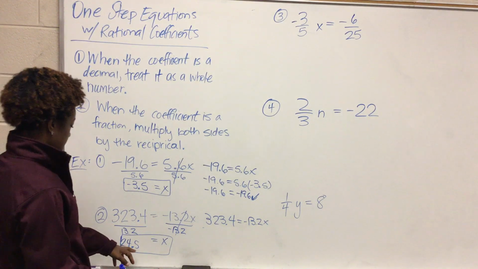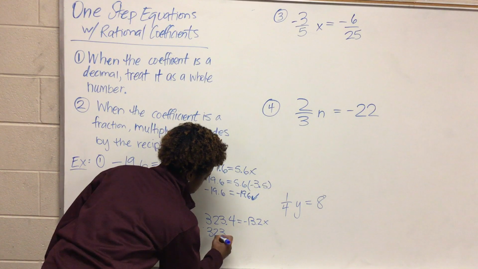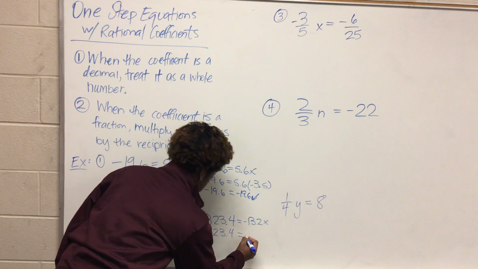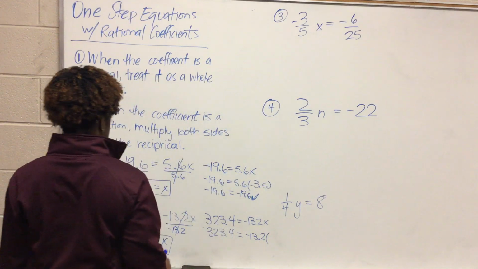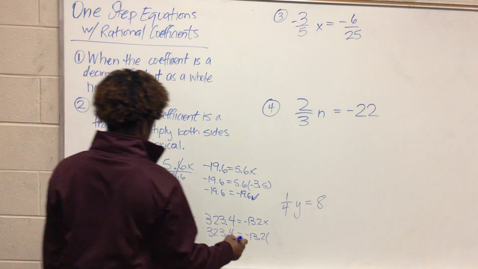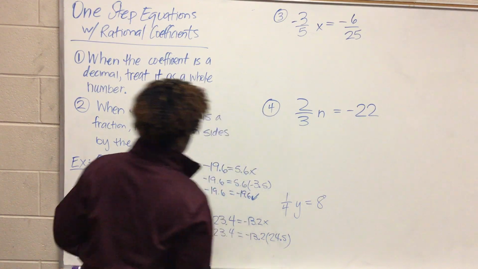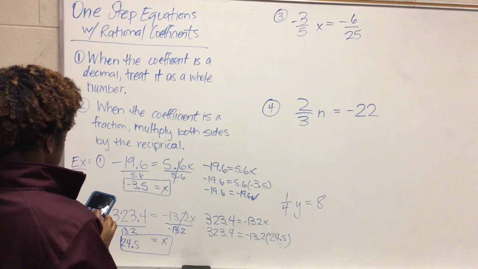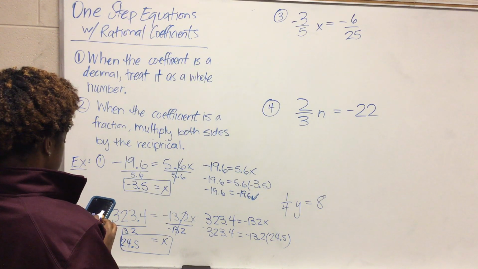Alright, now sub in my answer. 323.4 equals negative 13.2 times x, 24.5. Put it in the calculator. 13.2, integer key, times 24.5.